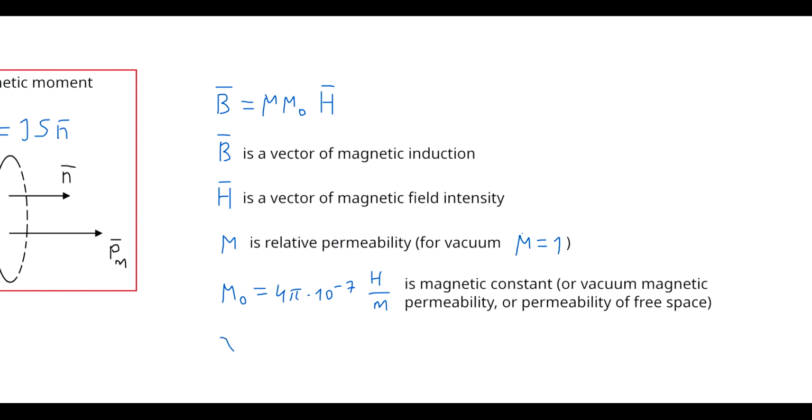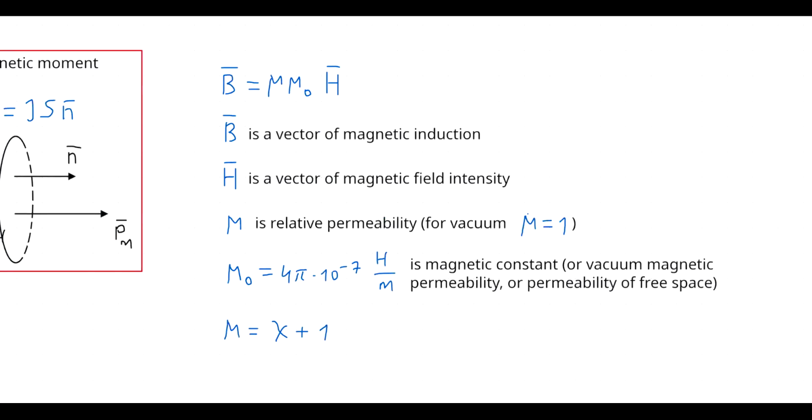For example, we can write that mu is equal to chi plus 1, where chi, the Greek letter chi, is magnetic susceptibility.